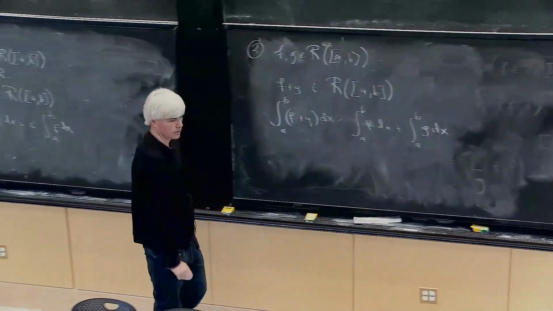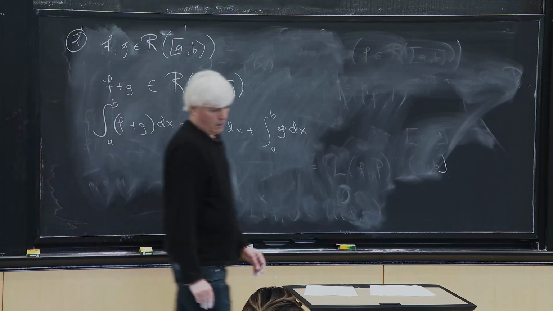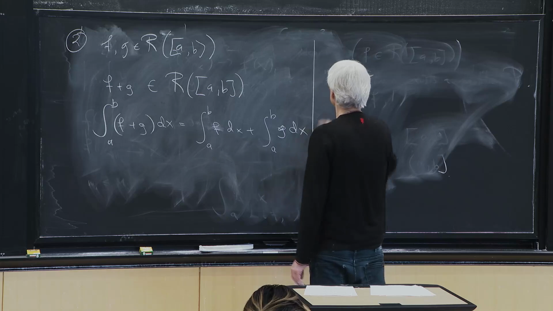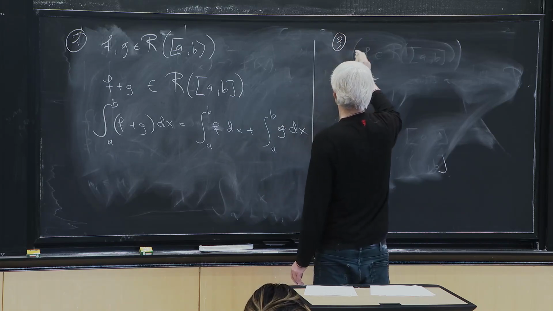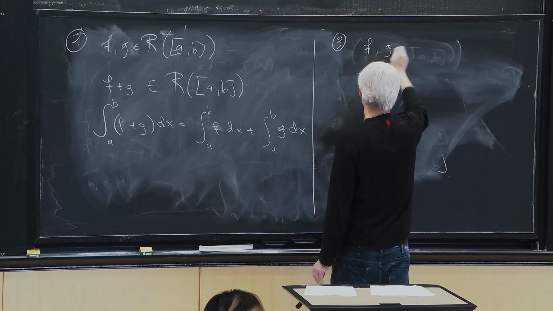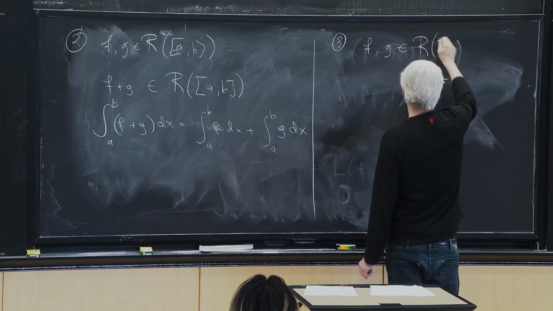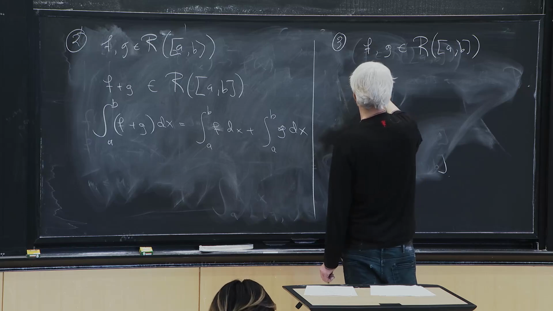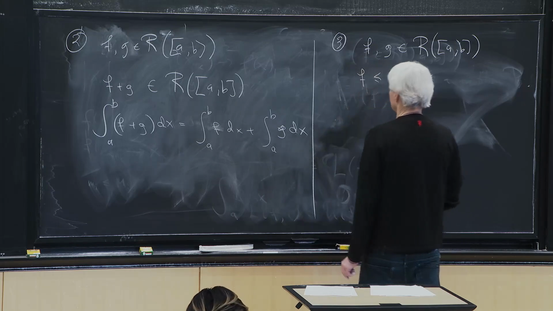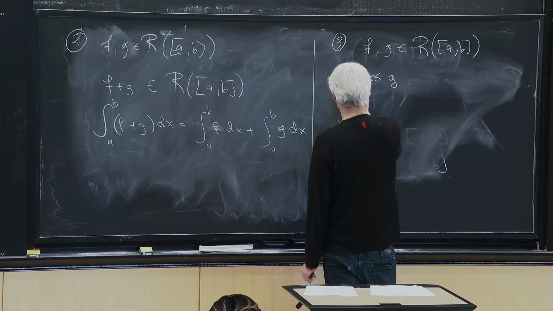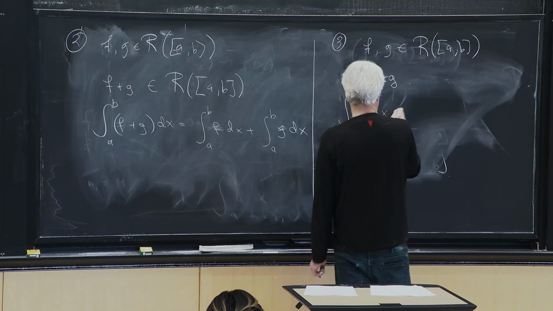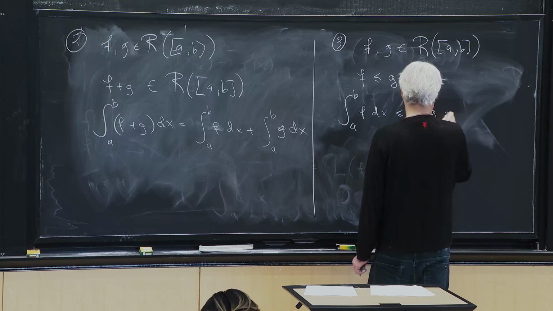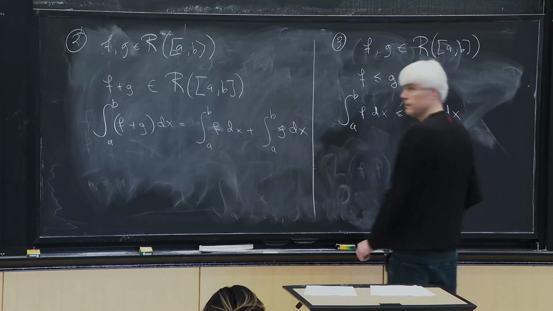Okay, that's the second one. And the third one is that if you take two functions, again both Riemann integrable, and you have that f is less than or equal to g, then the Riemann integral of f is less than or equal to the Riemann integral of g. Like that.